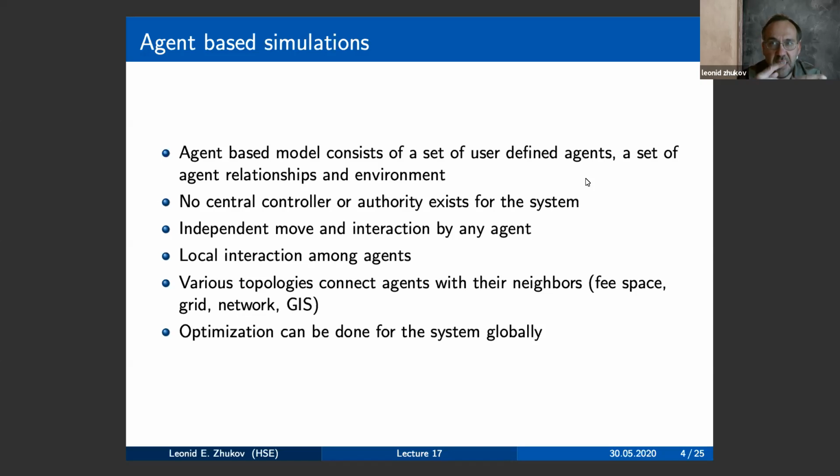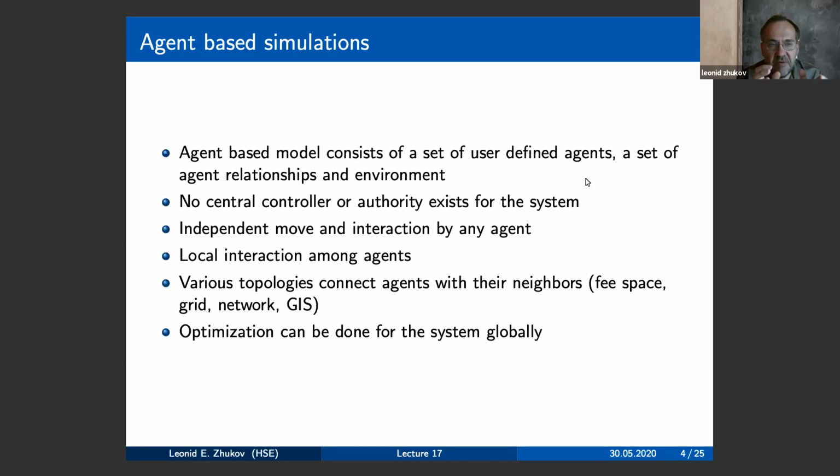So the clock is ticking, and then every agent, on each click of the clock, does something. Then agents can interact locally, typically however we define the interaction. And then we can monitor what's happening with the system as a whole.